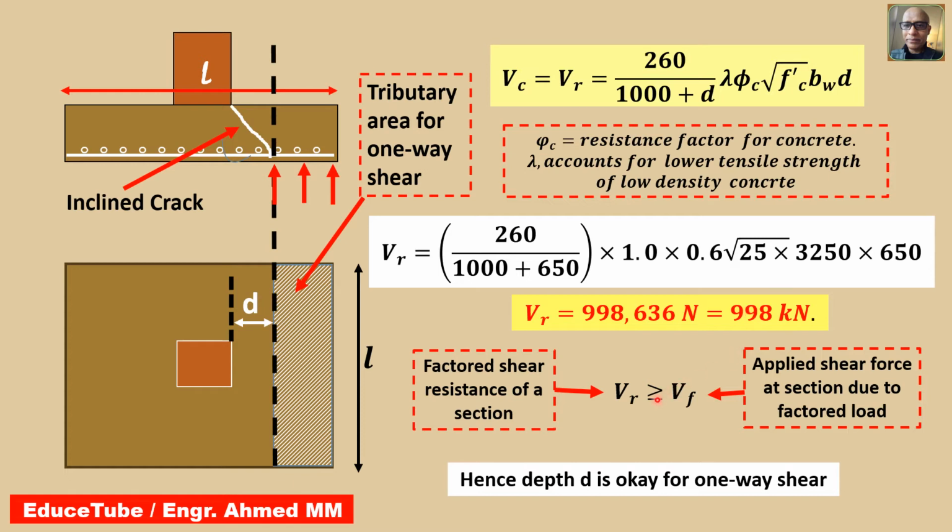VR is greater than VF, because in the previous slides we had the value for VF, and VR is far greater than that value. I mention both here, highlighting this. So VR greater than VF means depth D is okay for one-way shear. So one-way shear is done.